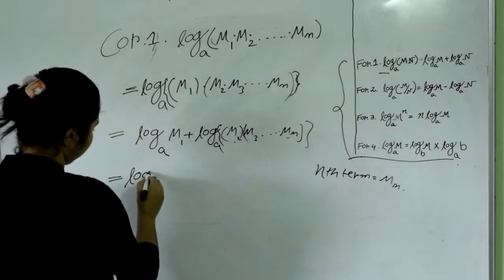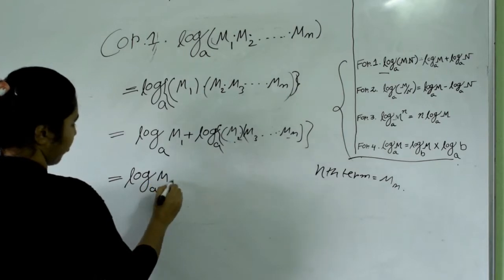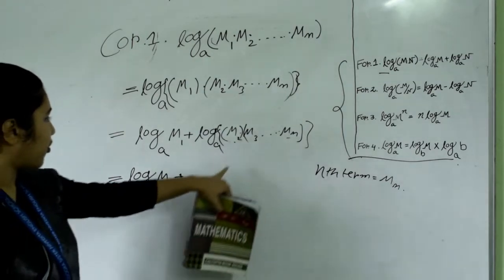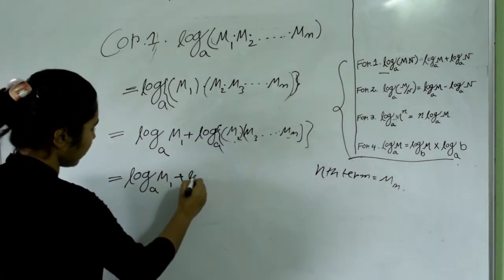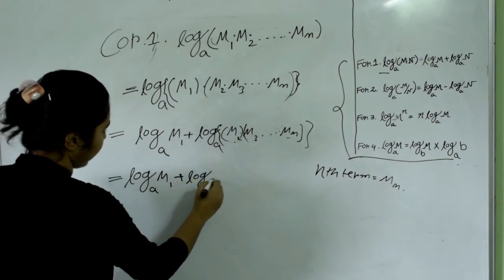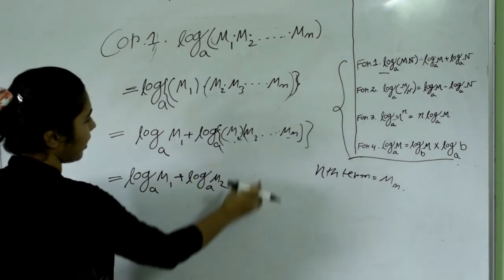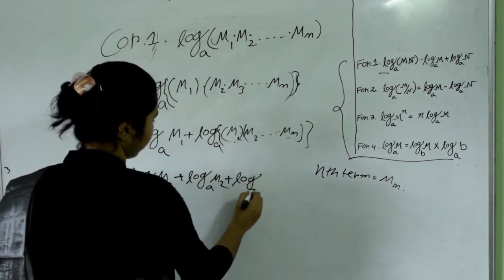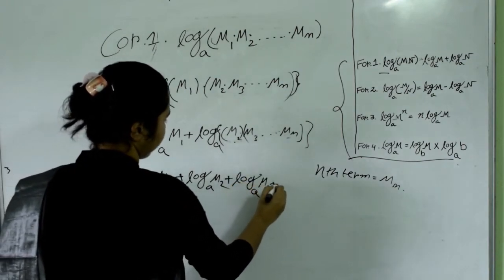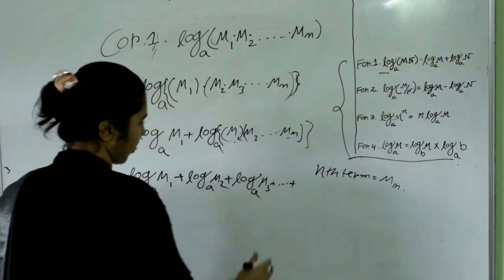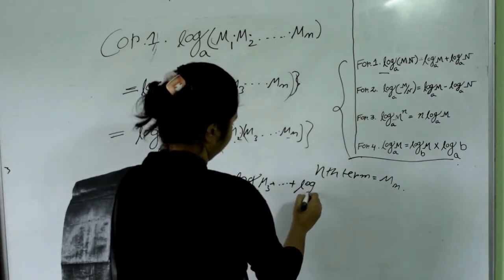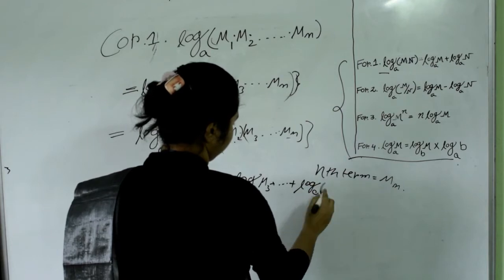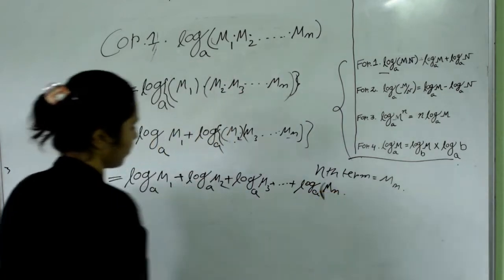Then we will get log a m1 plus log a m2 plus log a m3 and so on up to log a mn.